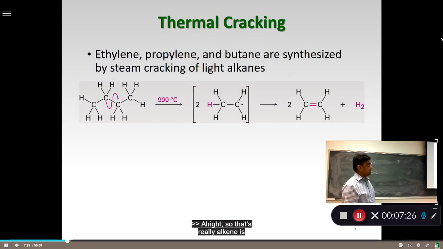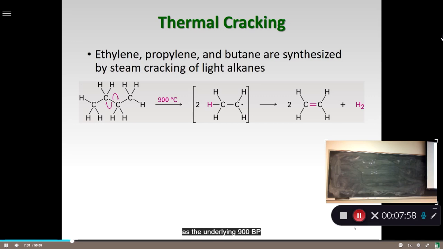Industrially, alkene is synthesized using a method called thermal cracking. In this method you make small alkenes such as ethylene or propylene using small alkanes like butane. You take a small alkane and provide very high temperatures to it.